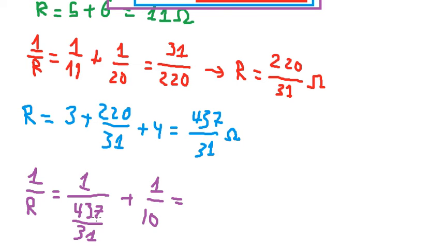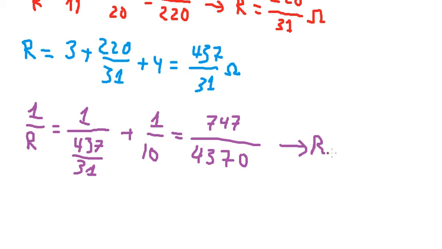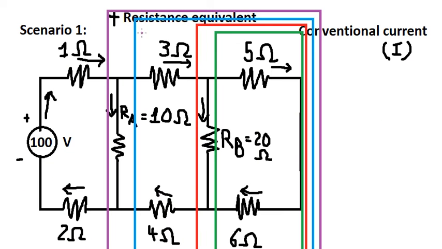So we calculate this one and we have 747 over 4,370. Now we need to swap this one and we got R equals 4,370 over 747 ohm. And the last one, that is the equivalent resistance.